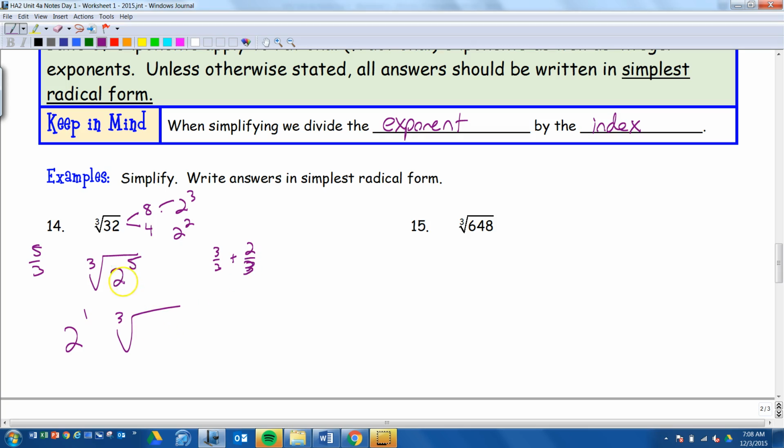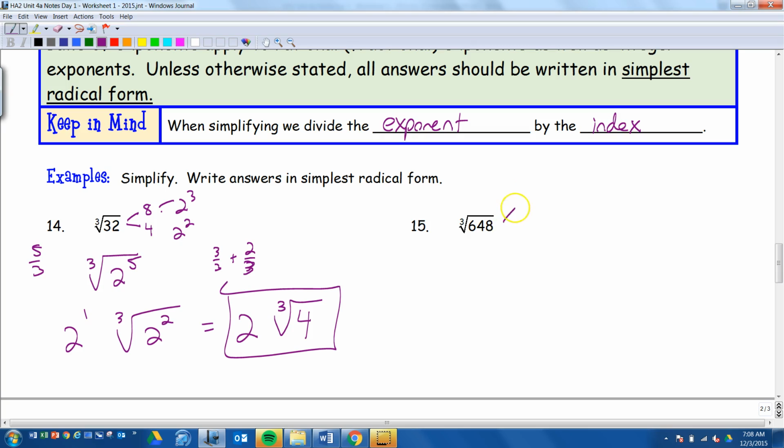So we use 3 of them, we have 2 left in here. When I say 3, that means 2 times 2 times 2, 2 to the 3rd. That got pulled out and simplified to a 2 to the 1st, or 2. And then I'm still under a third root, and 2 squared is now 4. So that's how you simplify those.